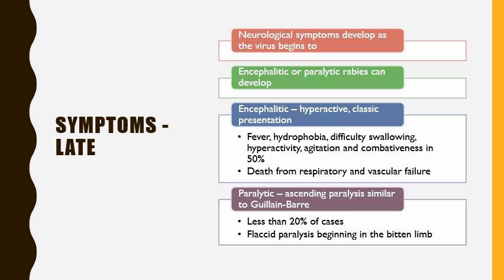These patients later would die from respiratory failure and vascular collapse. In the paralytic form, you see an ascending paralysis similar to Guillain-Barré syndrome. This one is less common, less than 20% of cases, but usually you would see the paralysis starting in the affected limb or bitten area, and then the paralysis would spread, eventually also causing respiratory failure.